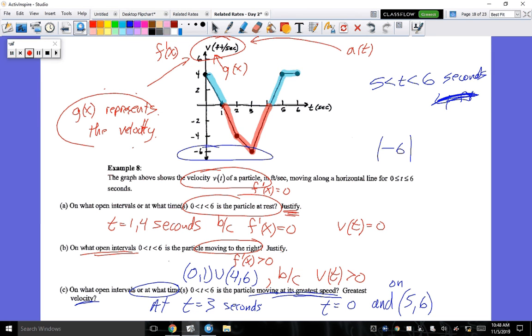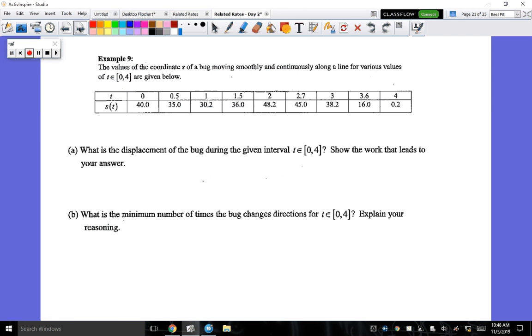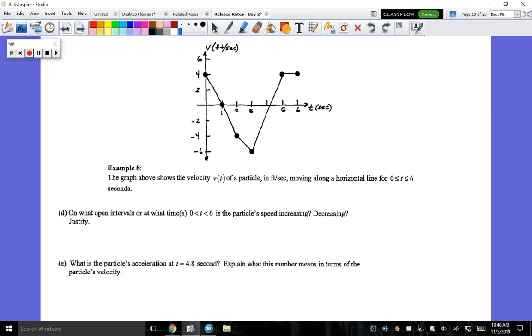The last thing I'll tell you guys, we have two more slides, and then I'll give you a shortcut with speed and increasing and decreasing in just a bit. On what open intervals between 0 and 6 is the particle's speed increasing? This is the big one that they like to ask. And some of you already know the shortcut to this from physics.